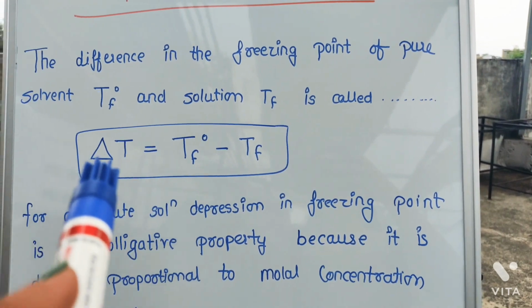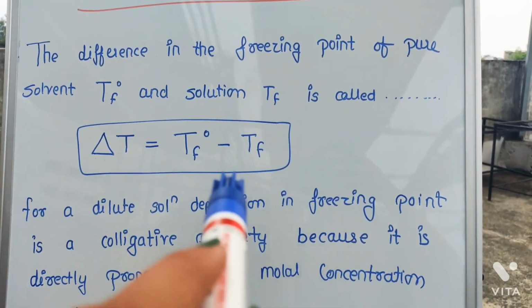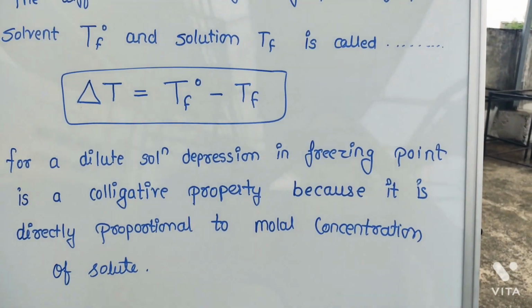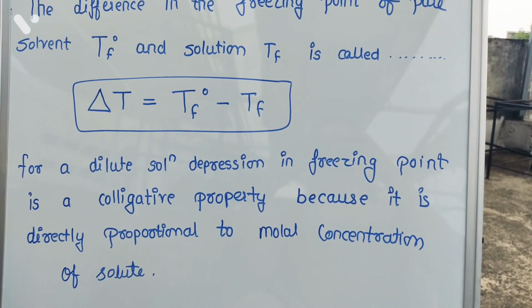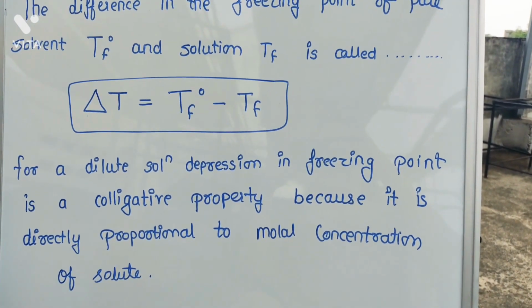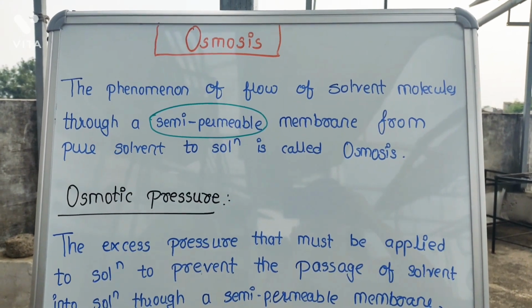So delta T equals T0F minus TF. For a dilute solution, depression in freezing point is a colligative property because it is directly proportional to the molar concentration of solute.